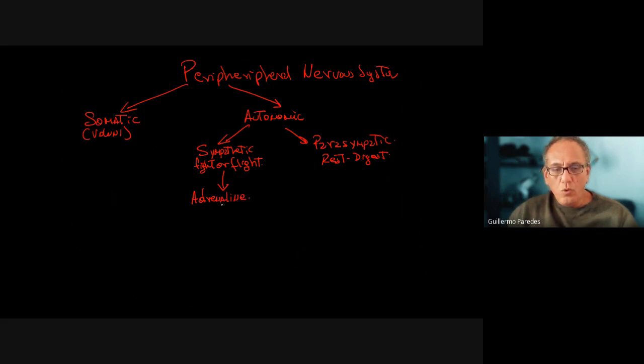These are going to look for adrenergic receptors that are in every part of your body: arteries, veins, heart, lungs, etc. The parasympathetic uses acetylcholine. The acetylcholine is going to look for the cholinergic receptors.